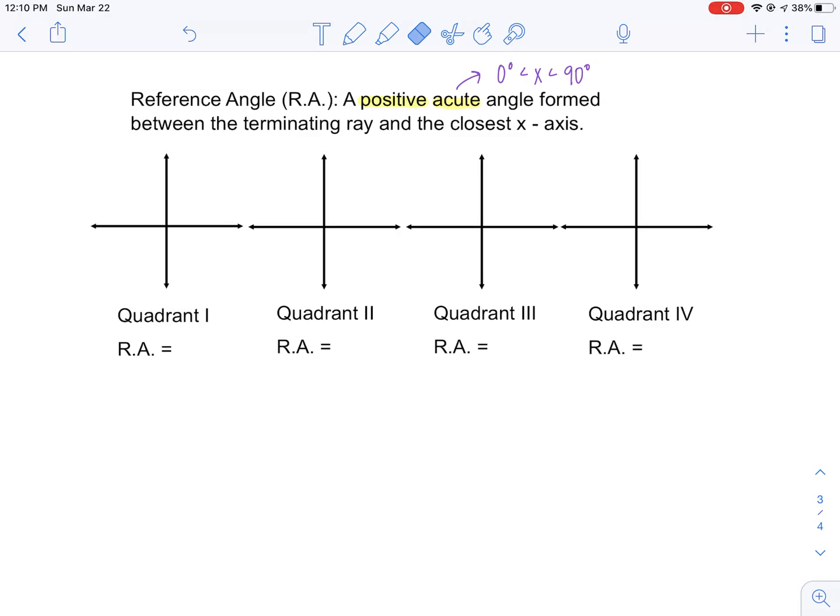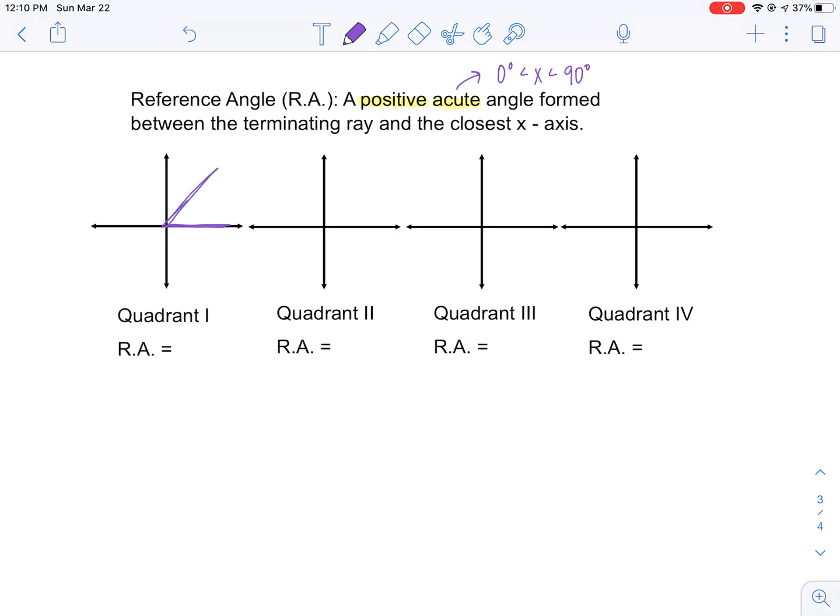So it's a positive acute angle formed between your terminating ray and the closest x-axis. So let's talk about the different ways we would find these in terms of radians. The more you work in radians, the easier it is to work in radians. The more you convert to degrees, the less you're going to know about how to work with an actual radian angle.